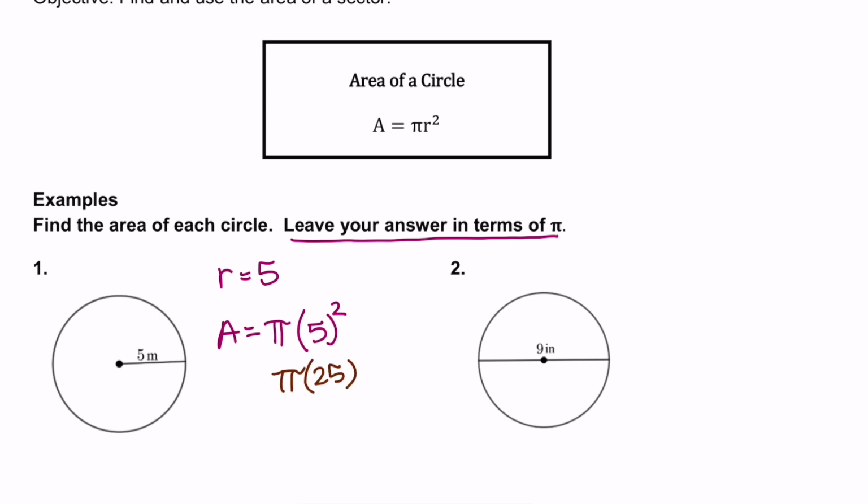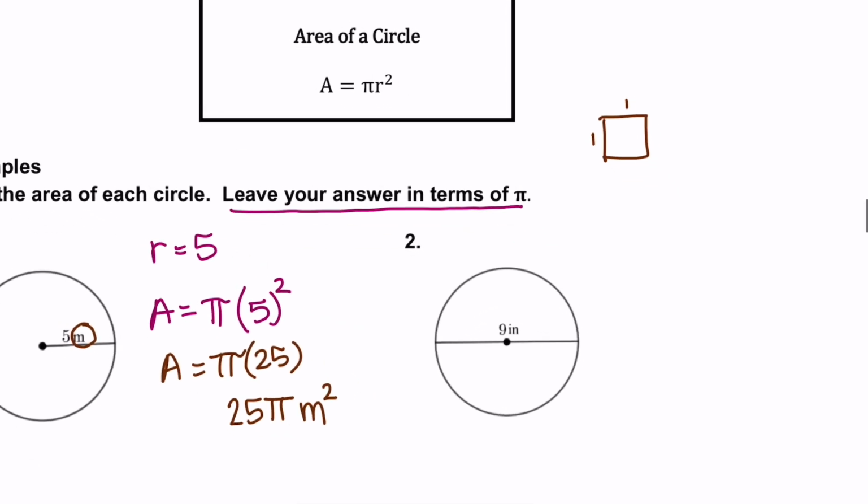Normally when we write it, we put the number first and then the pi symbol. So this would be 25 pi. Meters is our unit, but when we do area, it would be meters squared. So it's how many square meters would be in this circle.